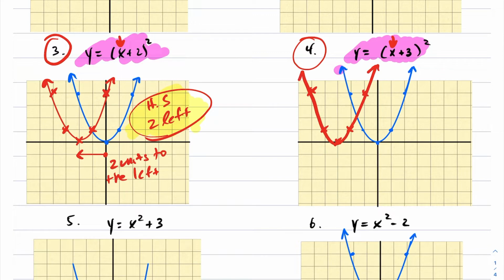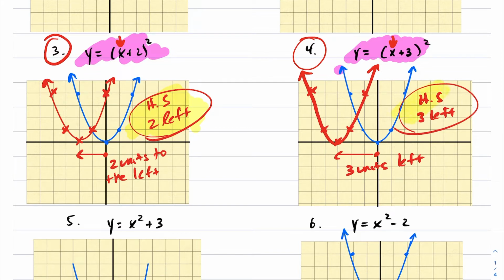Connecting this up, what's resulted is a shift 3 units to the left. So using our terminology, this would be a horizontal shift 3 units to the left-hand side.